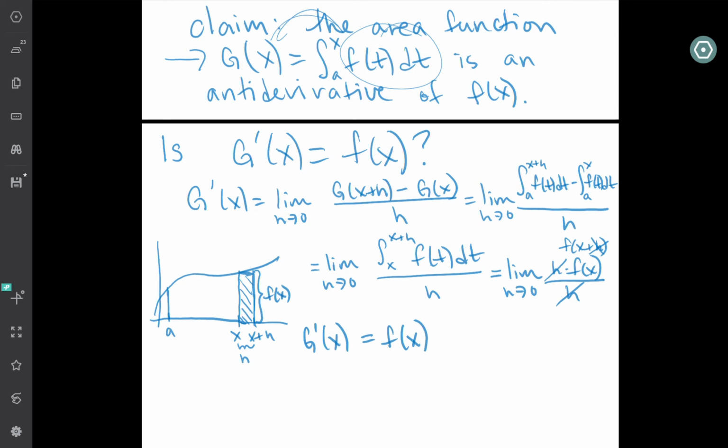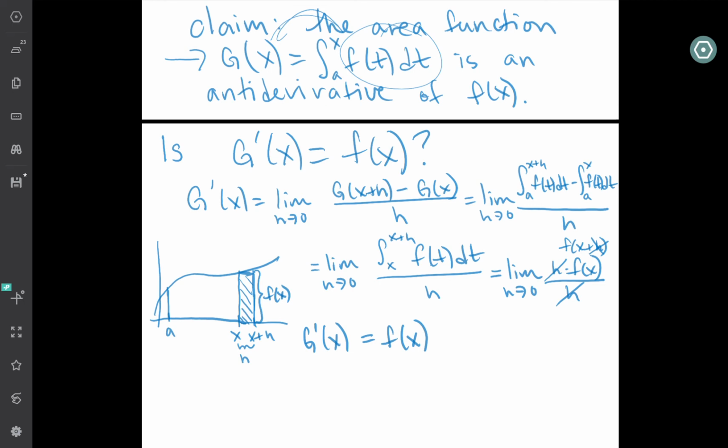So now we can make this function by building a definite integral, an area function, and it is automatically an antiderivative. So again, integrals, even these kind of funny definite integrals, and derivatives really are inverse processes. They do the exact opposite of each other. So this is a big deal.